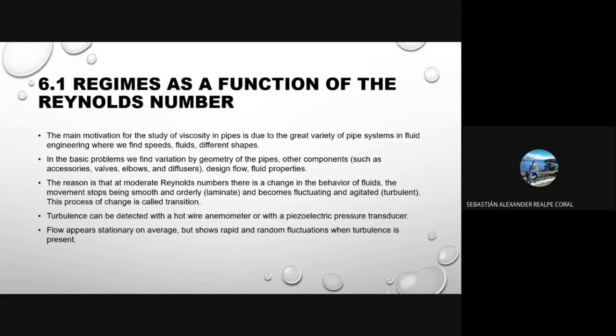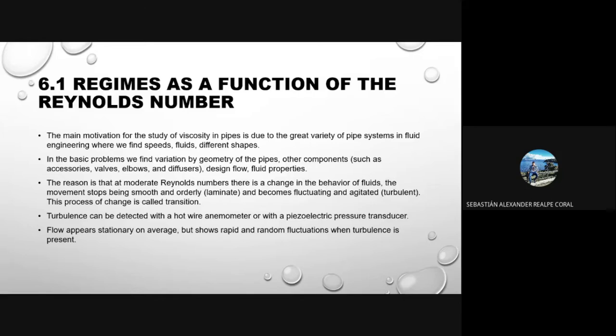The reason is that at a certain Reynolds number, there is a change in the behavior of fluids. The movement stops being smooth and orderly, laminar, and becomes fluctuating and agitated, turbulent.